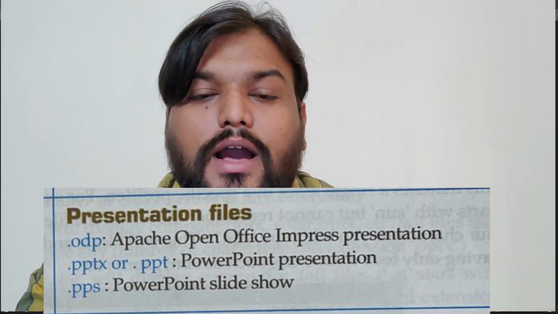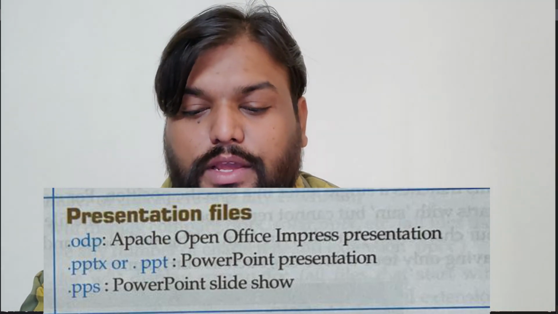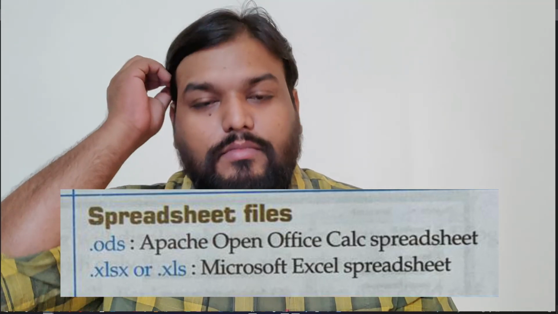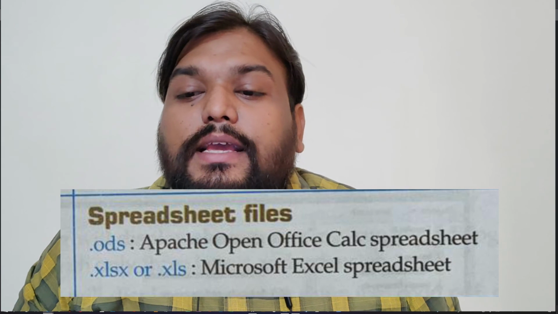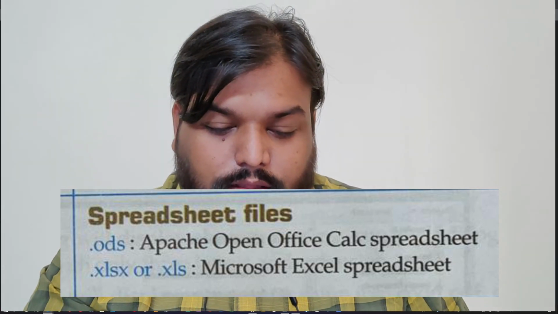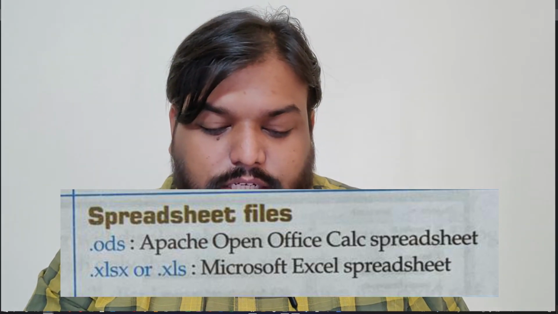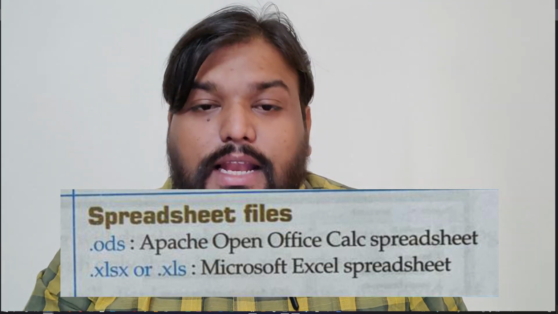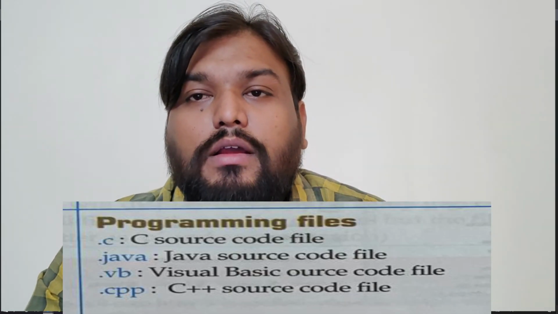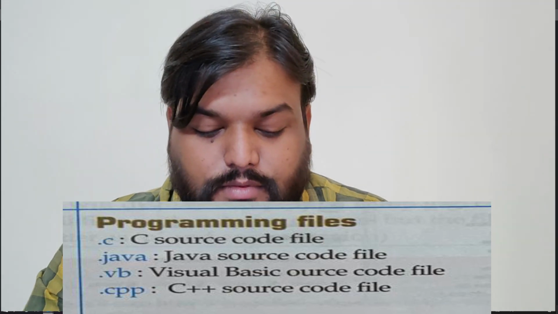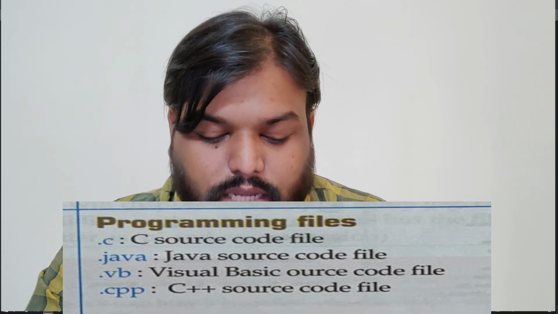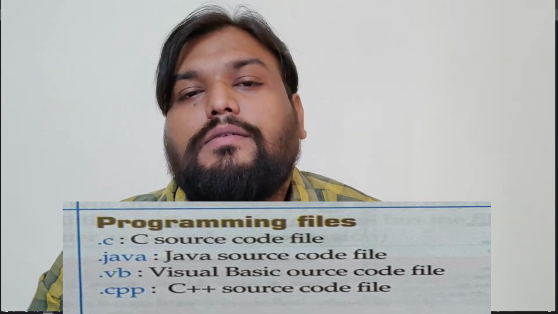This is for some other kind of software. Then you have spreadsheet. Spreadsheet is Excel. For spreadsheets you have .ods, then .xlsx or .xls. Then you have programming files: .c, .java, .vb, .cpp.